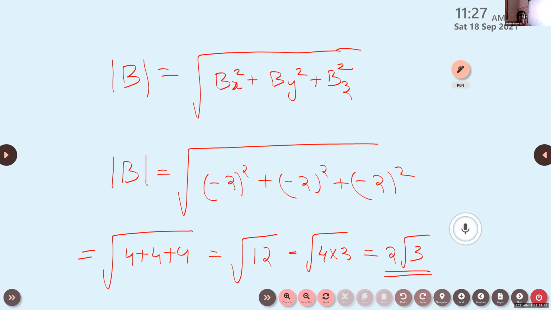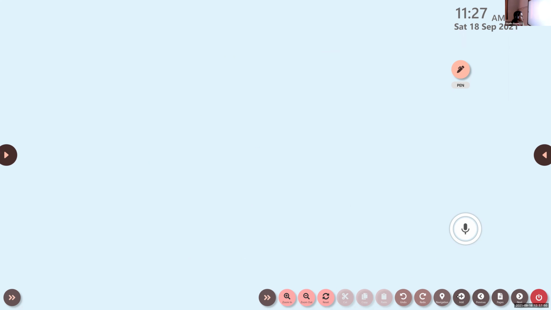Now we can substitute it into the equation in order to find out the angle between the two vectors. The numerator part is okay and the denominator part is also okay. The angle between the two vectors is given by the equation cos theta is equal to vector A dot vector B divided by AB.